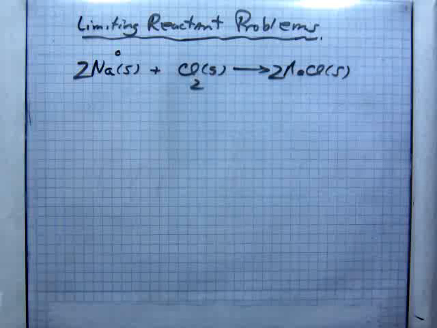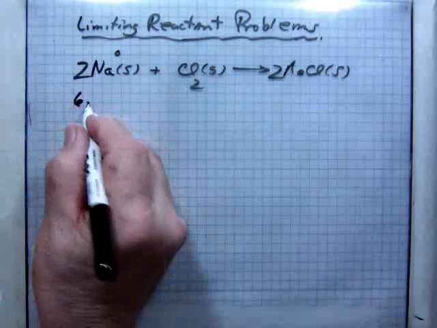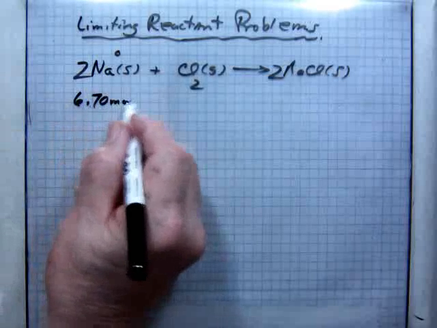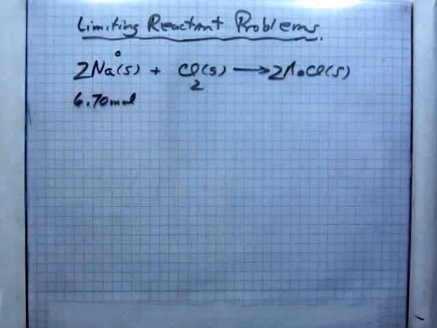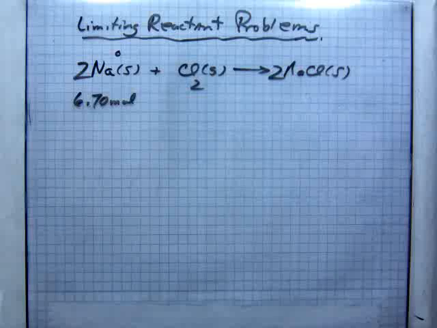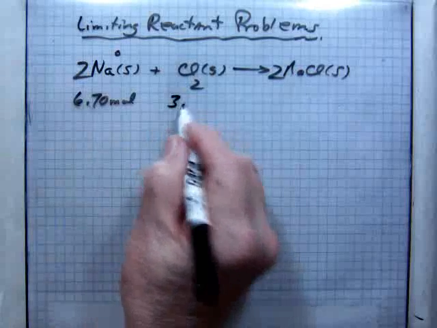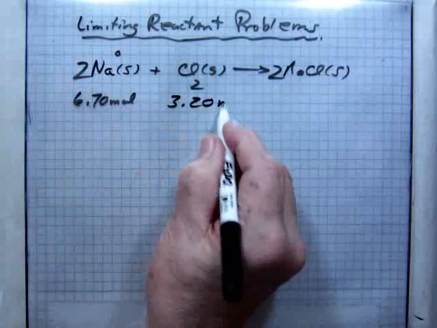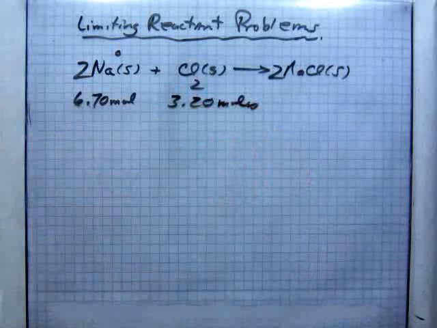If 6.7 moles of sodium is mixed with 3.2 moles of chlorine, what's the limiting reactant in that?